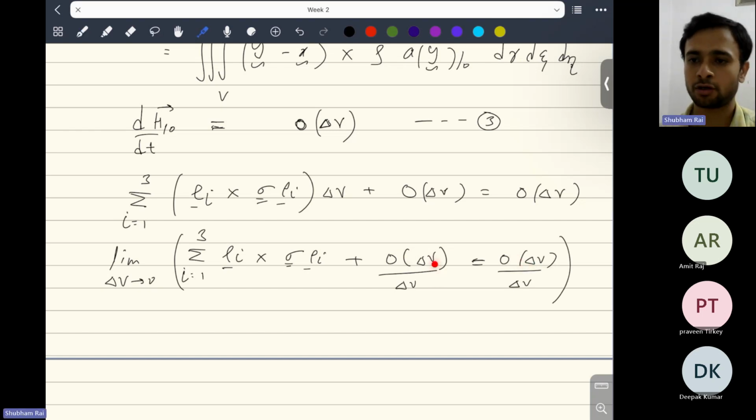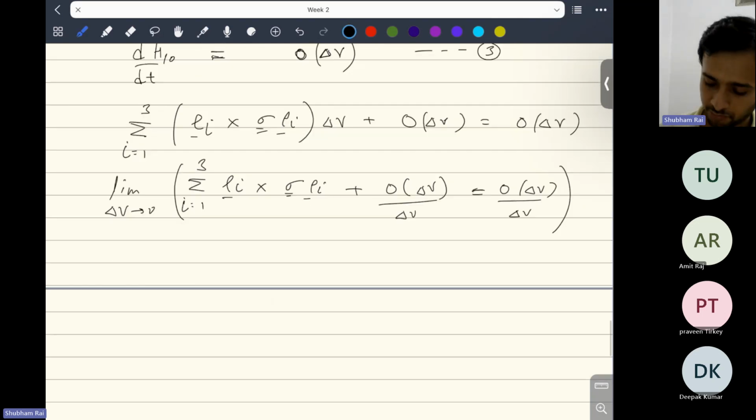So if we divide higher order terms of delta V with delta V, there will be some delta V still left. And since delta V is approaching 0, these terms will approach 0. But in this term, there is no multiplication of delta V left, so this will not approach 0. So the only term that will be left will be this one, sigma.